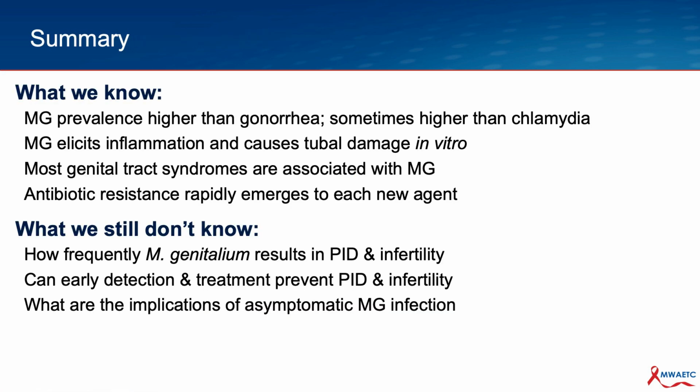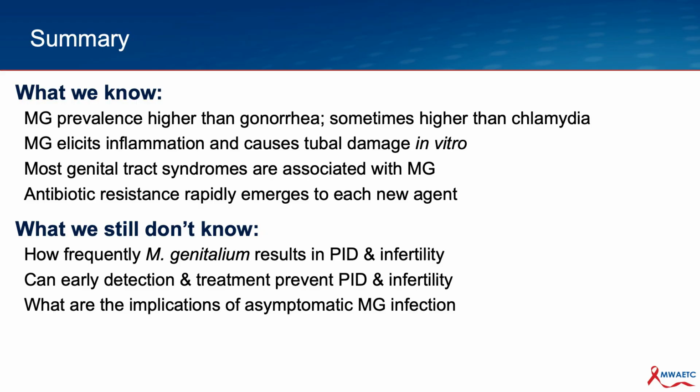In the last few minutes, I'm just going to go over some key points, and I've also included these just so that people have a little bit more information than I was able to fit in today. But in summary, what we know, MGen prevalence is higher than gonorrhea and sometimes higher than chlamydia, depending on your population. It elicits an inflammatory response and causes tubal damage in vitro. Most genital tract symptoms are associated with MGen.